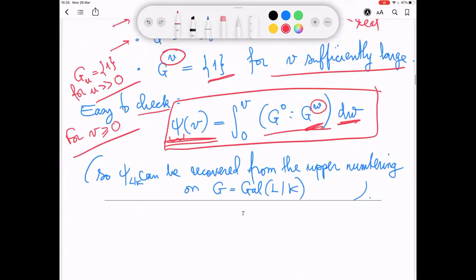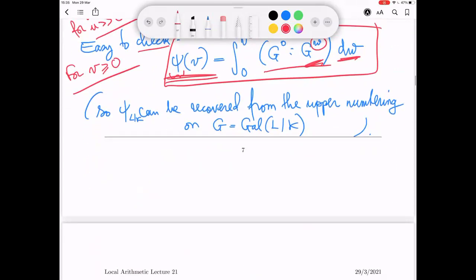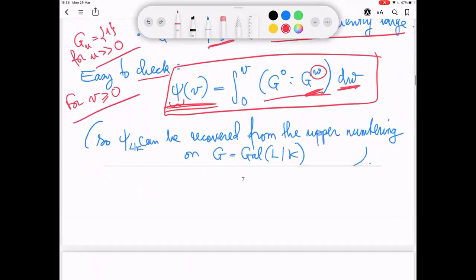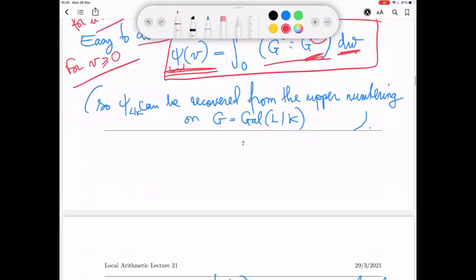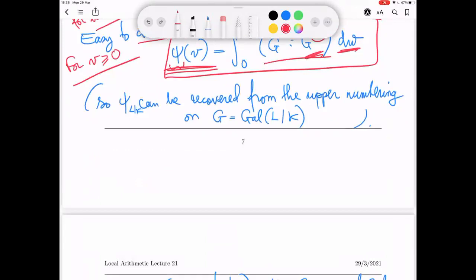So in fact, what I wrote here was, I could maybe complete that diagram. I had G sub u, minus 1. So it's in terms of this that I defined phi L over k.